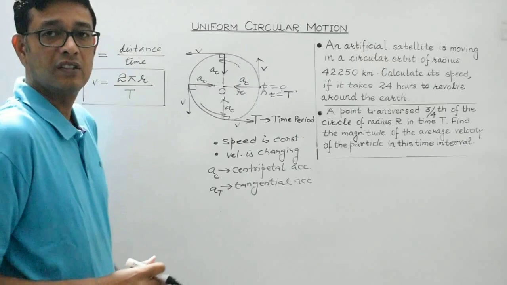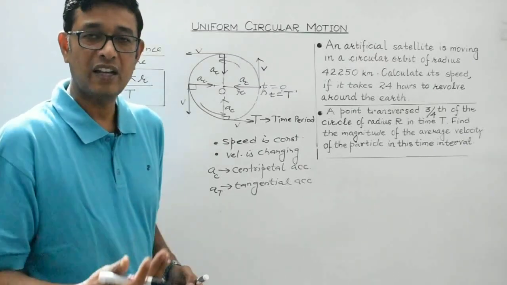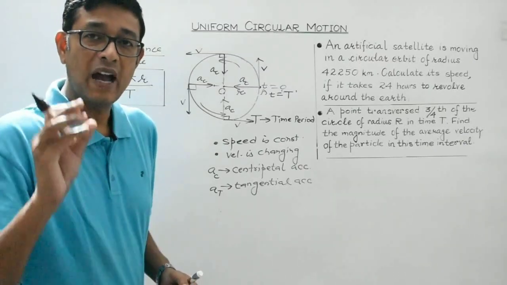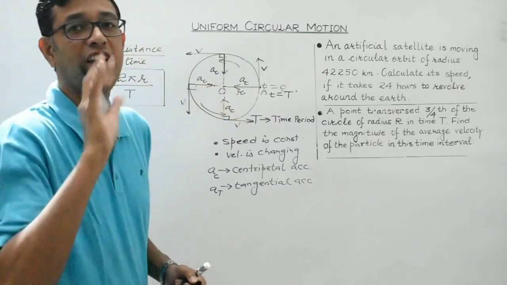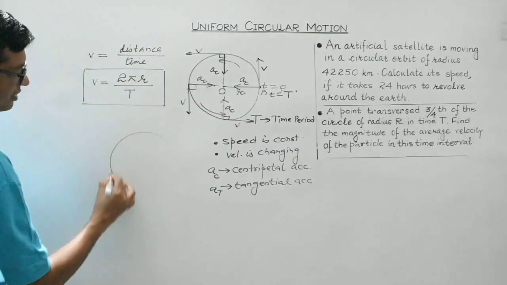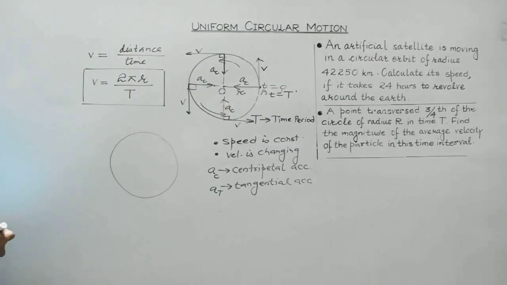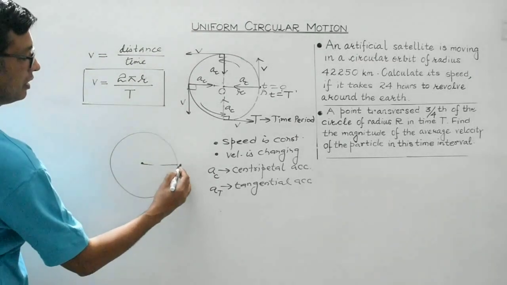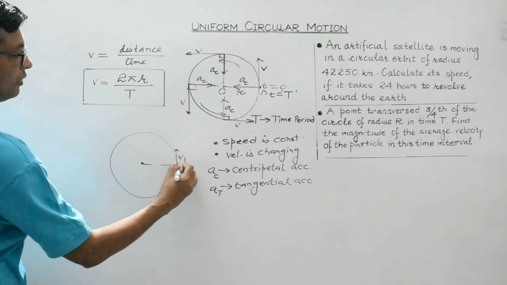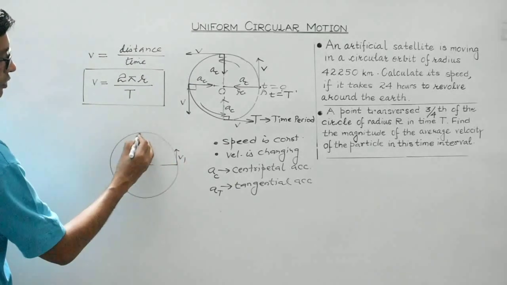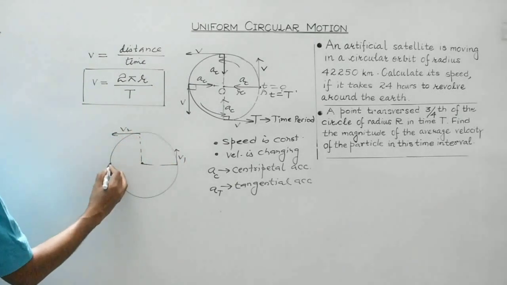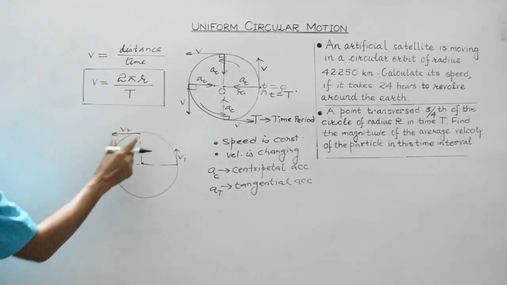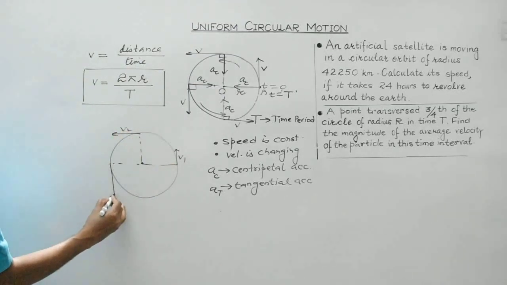If a body also possesses tangential acceleration, then the magnitude of speed must also change. That is, in this case, the body must follow a circular path with varying speed. Here suppose the speed is given by v1. At this instant suppose the speed is v2. Look at the change in the length of the arrow.